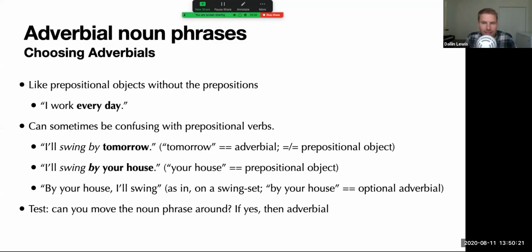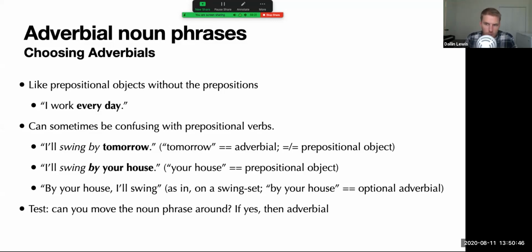It is not the object of the preposition by. It's simply an optional adverbial. And we know that because we could say tomorrow, comma, I'll swing by. It's movable. But in I'll swing by your house, your house is the direct object of the verb swing by. I couldn't say your house, comma, I'll swing by unless I was Yoda.